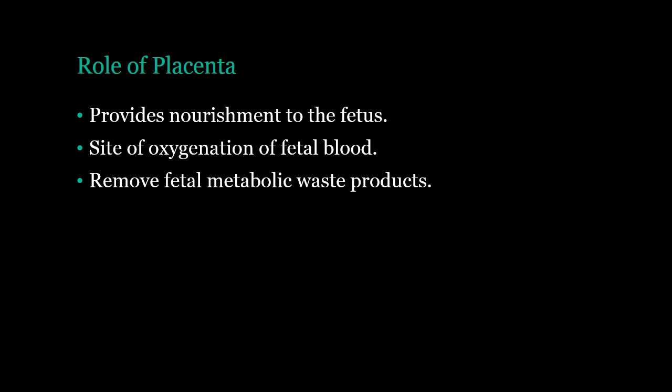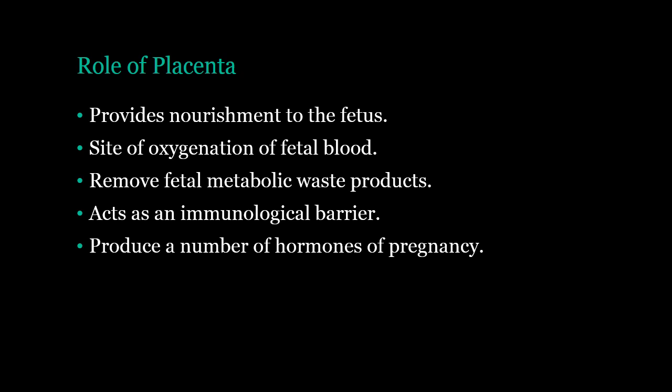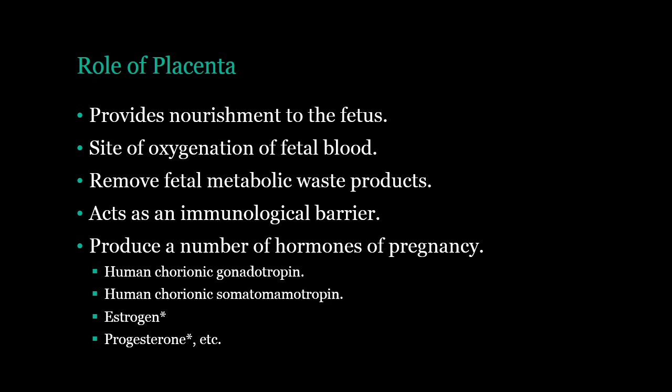As there is no mixing of the fetal and the maternal blood, the physical barrier can also be likened to an immunological barrier between the two entities, that is the mother and the fetus. The placenta also produces a number of hormones called the hormones of pregnancy, some of which are human chorionic gonadotropin, human chorionic somatomammotropin, estrogen, and progesterone.